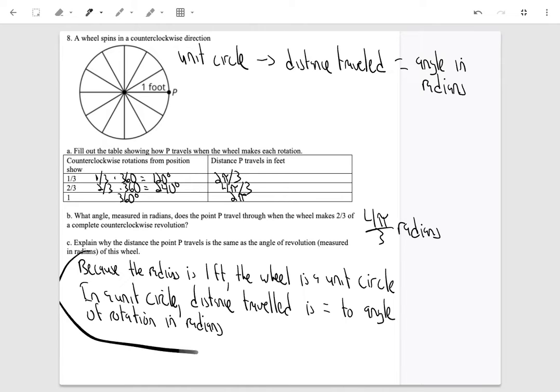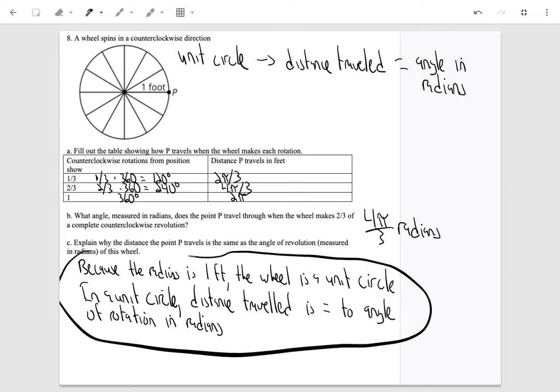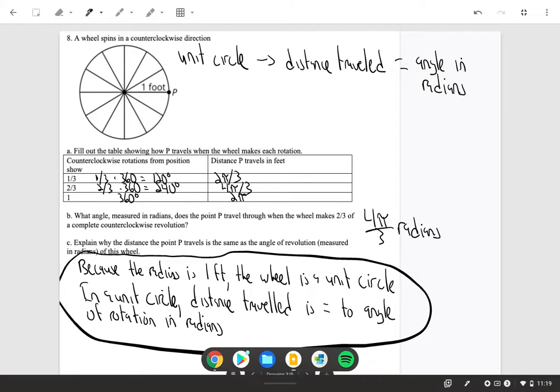So this right here is just me writing down the explanation. The radius is a foot, therefore it's a unit circle, and we know that in a unit circle, the distance traveled is equal to the angle of rotation in radians. That is it for number 8.